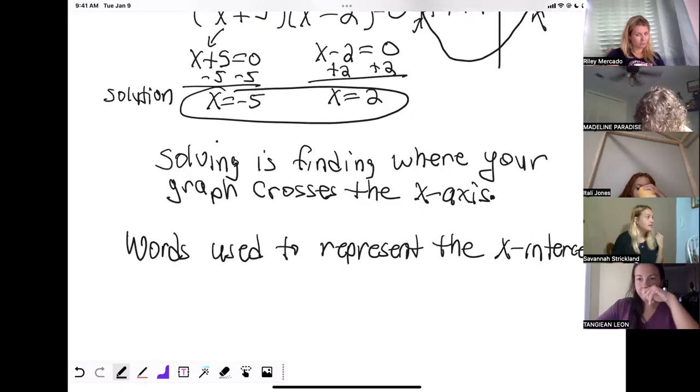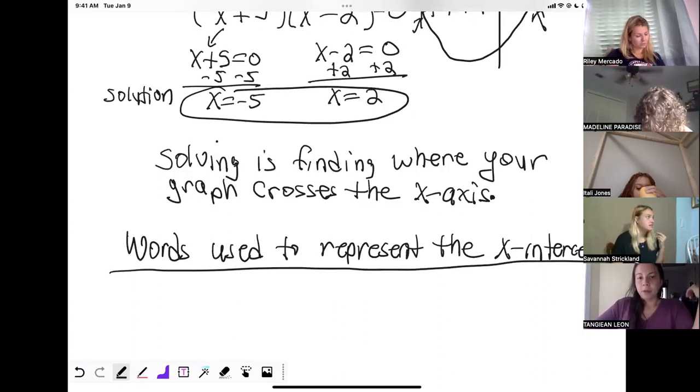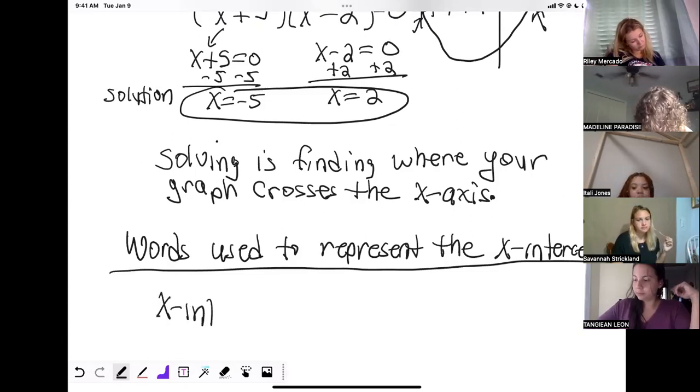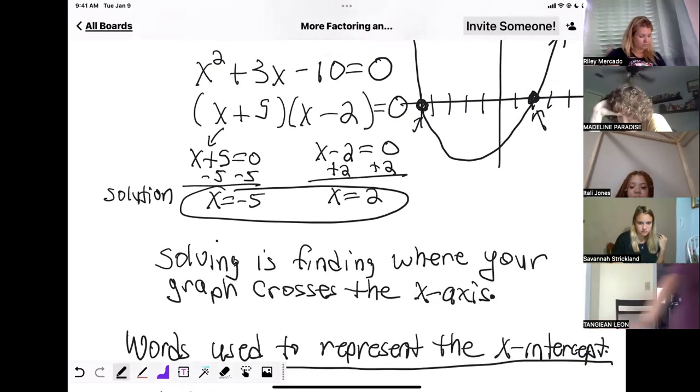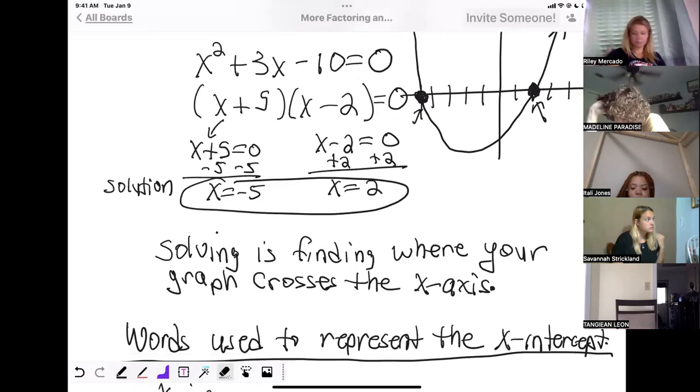And you have to get used to these words because you're going to see them on and off all the time. All right, of course, x-intercept. You can also call them roots. Why roots? Because like a tree, I guess the parabola grows out of the zeros, the x-intercepts. They call it the roots.